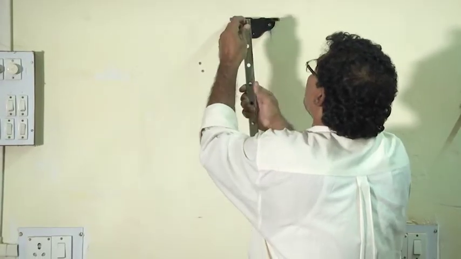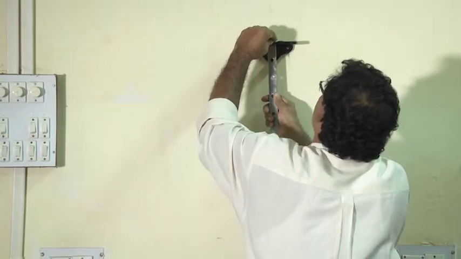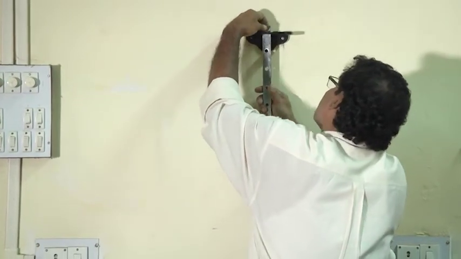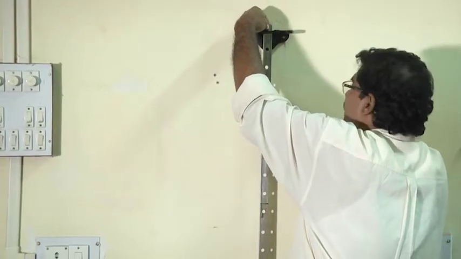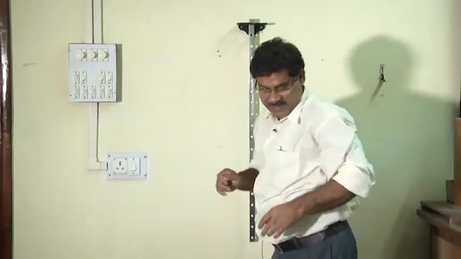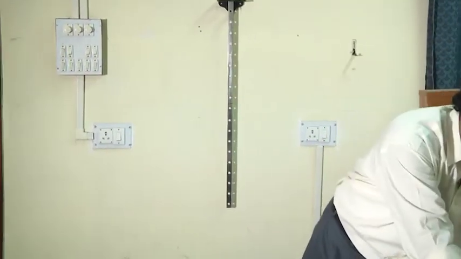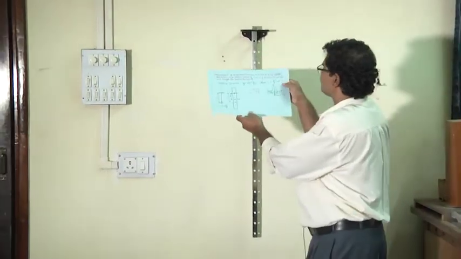Then I will tell you which parameters are related to the time period. We already discussed in the previous class the theory and working formula for this experiment, and I showed you that working formula.